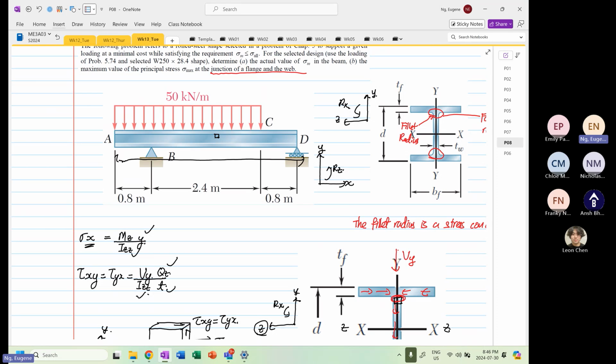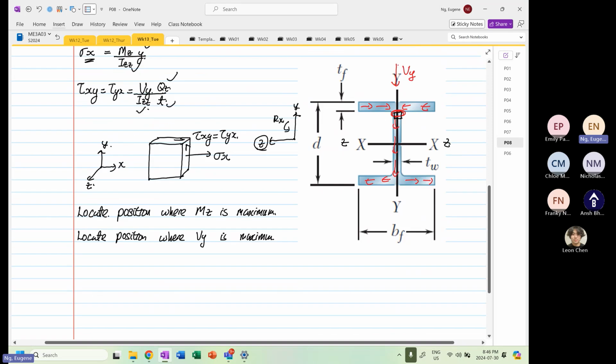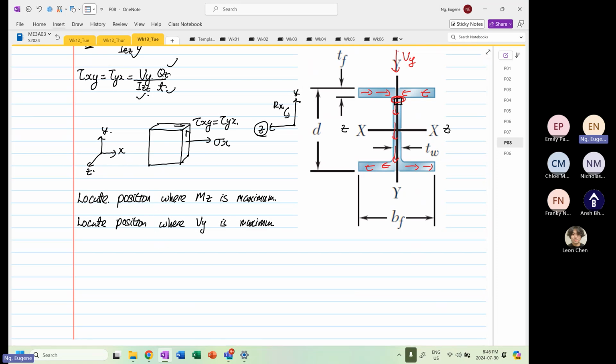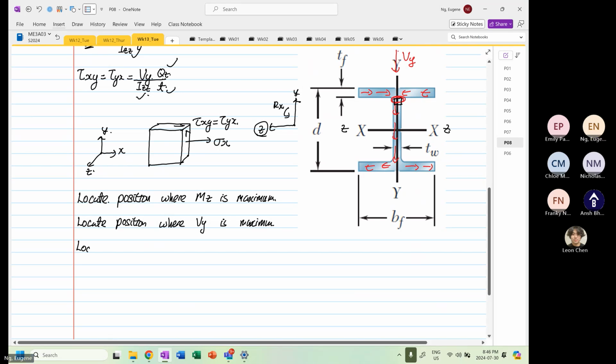So to solve this problem, you have to first locate positions, okay, where MZ is maximum, or sorry, all this can be a single position, or locate positions where MZ and Vy are not equal to 0.